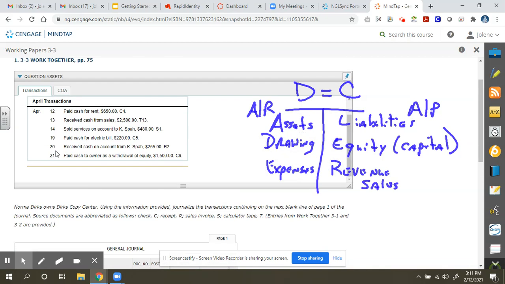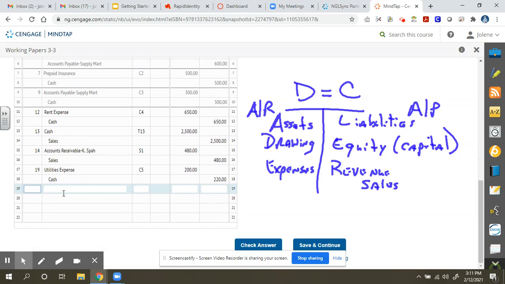Next transaction is on the 20th, received cash on account from K Spa, $255. On the 20th, we received cash, and we like receiving cash. It's from accounts receivable, K Spa.